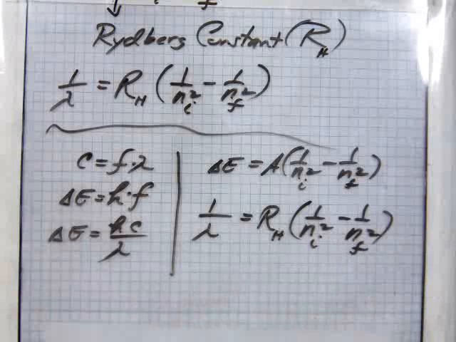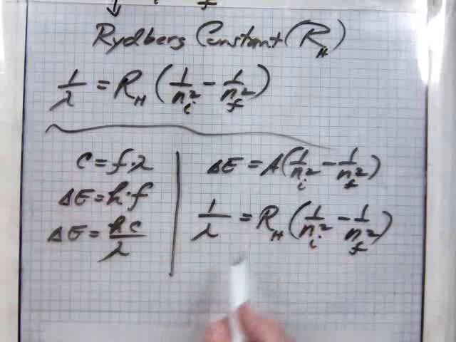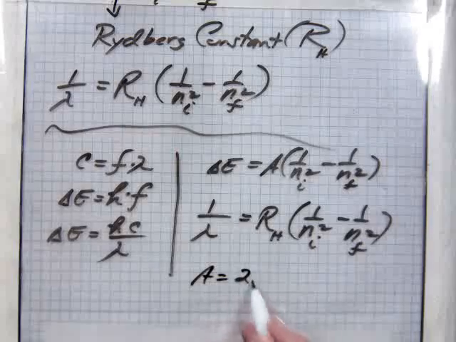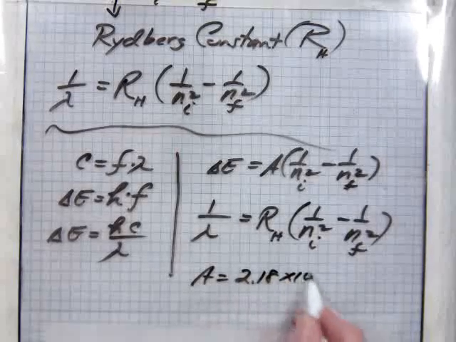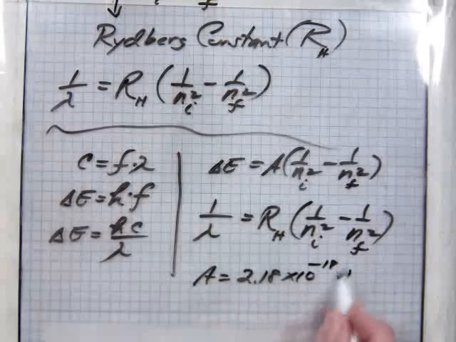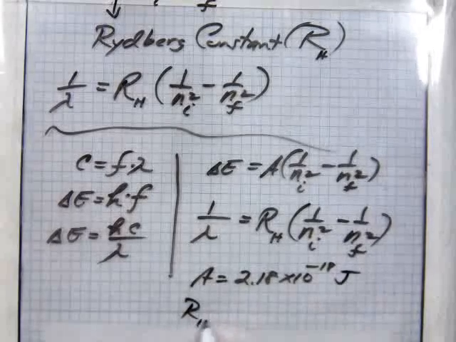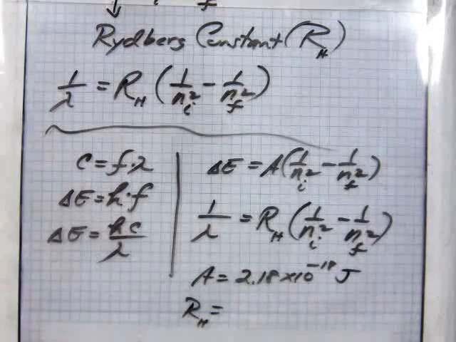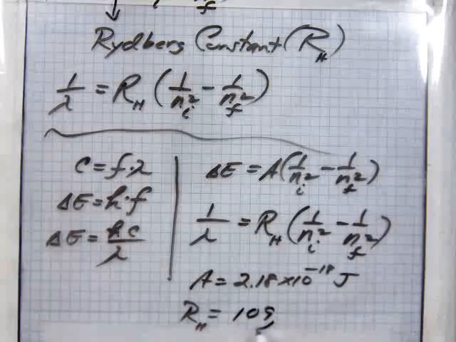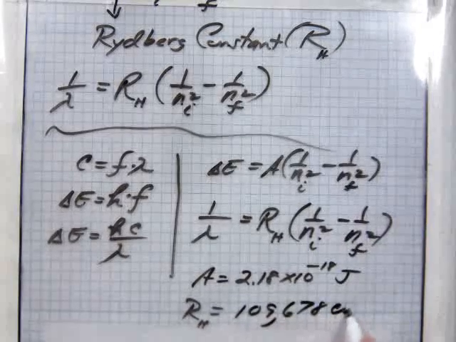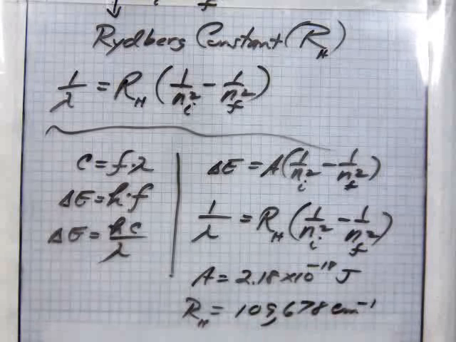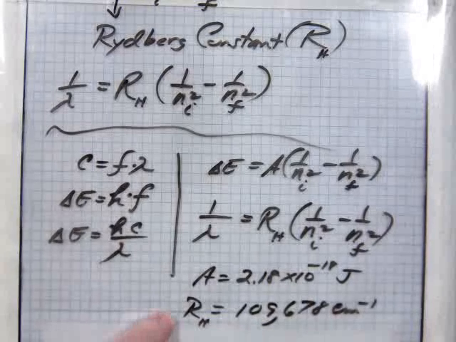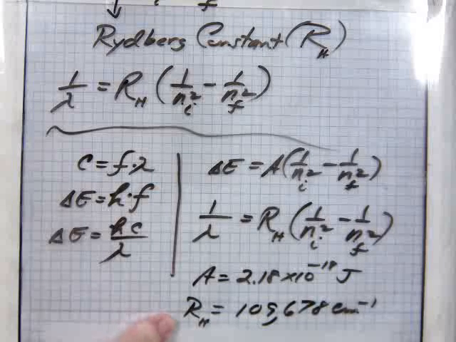I don't know what will pop up on the exam, but you simply plug it in. Of course, A is 2.18 times 10 to the minus 18 joule, and the Rydberg hydrogen constant is 109,678 centimeters to the minus 1. I just remember because I've done it for 40 years. At any rate, these are published on your reference sheet, so you don't have to memorize stuff you'd look up anyway.